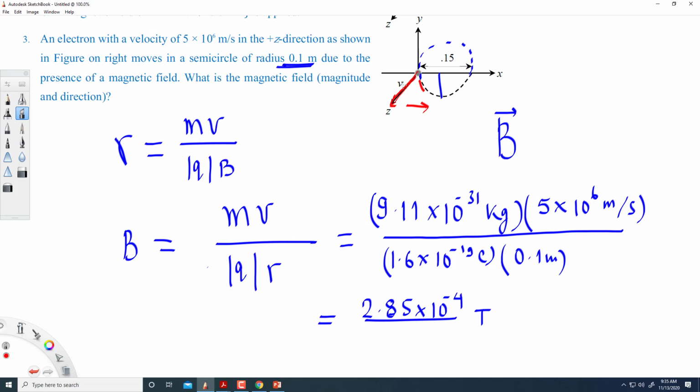So we have force in this direction and velocity outward. Now which way is the magnetic field? When you cross V and B, that should give you that force direction.